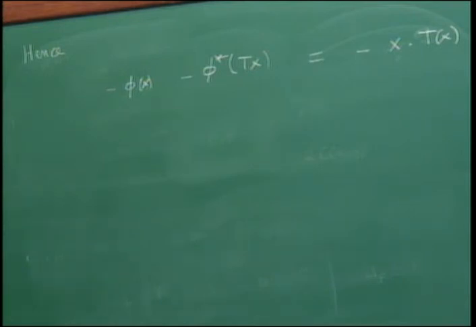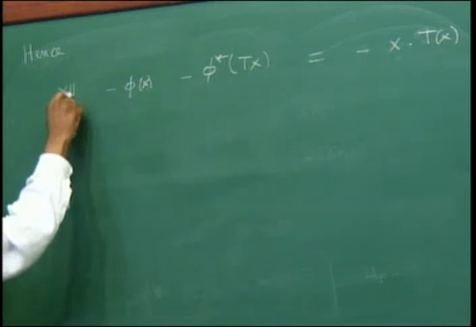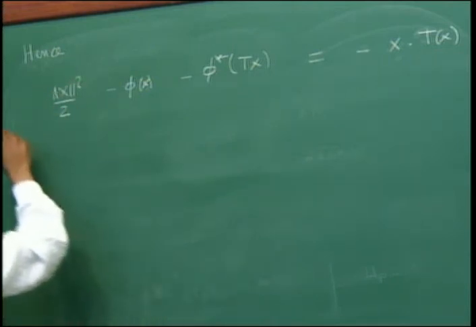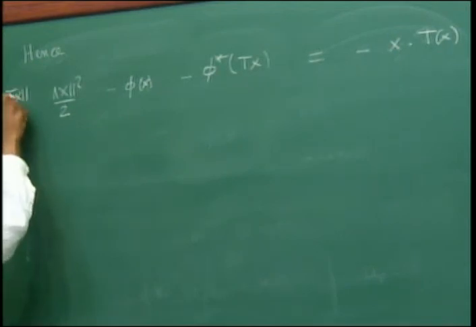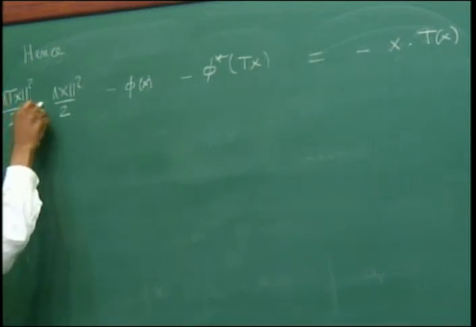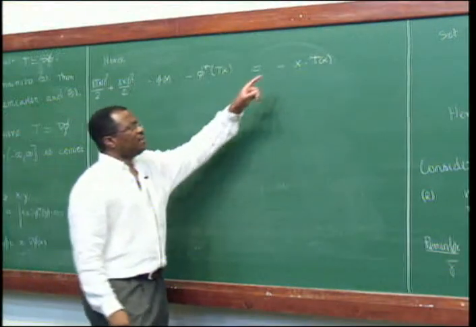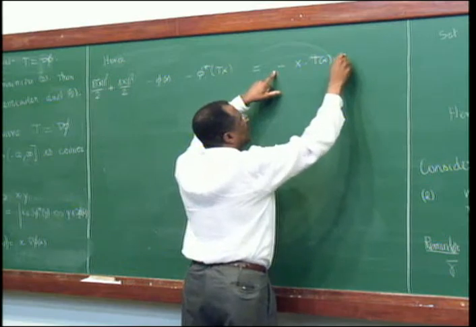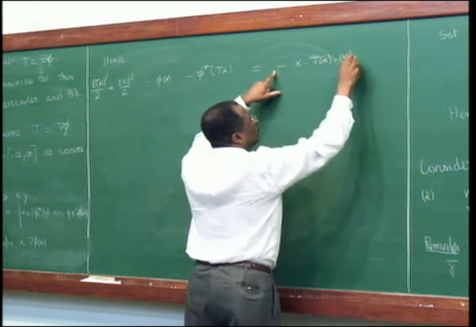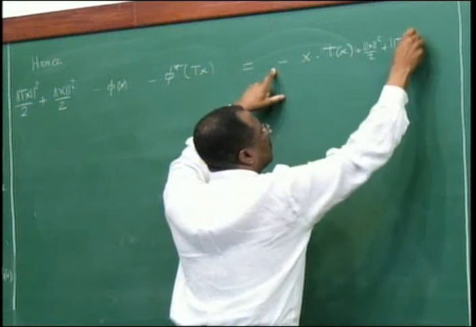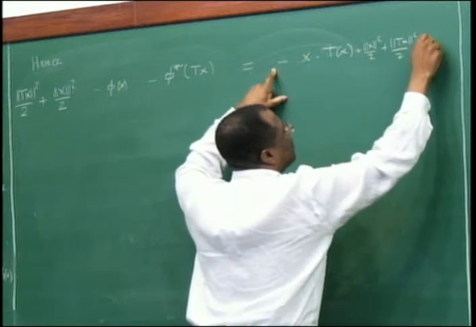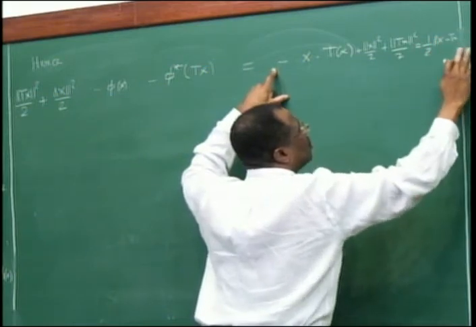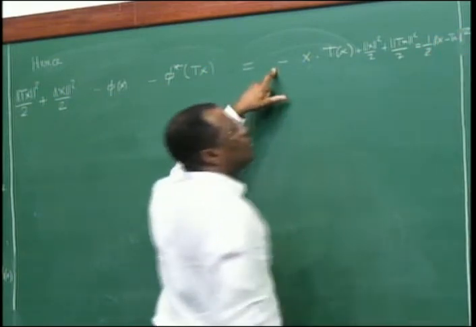Now I'm going to add x squared over 2 on the left-hand side, and T of x squared over 2 on the right-hand side. So if I add x squared over 2 plus T of x squared over 2, what I get is one half |x minus T of x| squared.